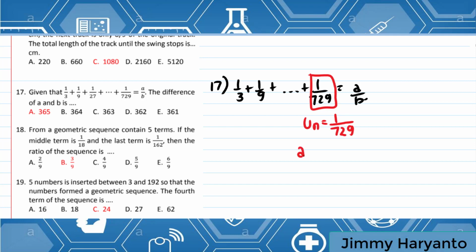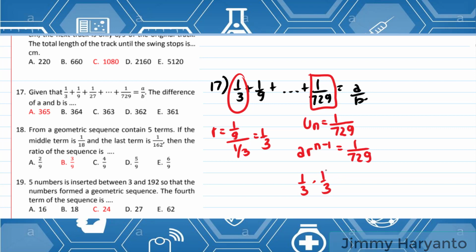The formula for Un is a r to the power of n minus 1. The a is this one, 1/3. Let's find the ratio first. The ratio is 1/9 divided by 1/3 equals 1/3.